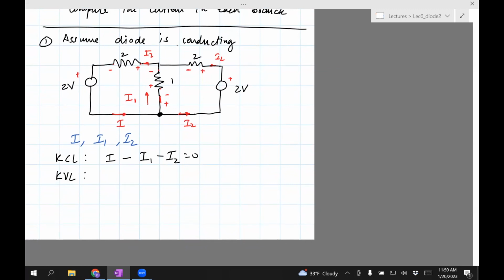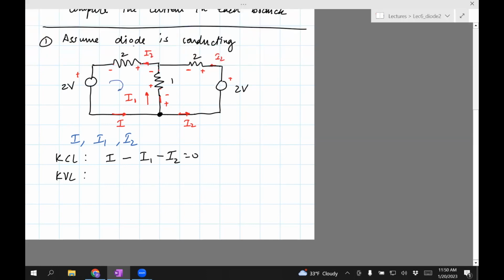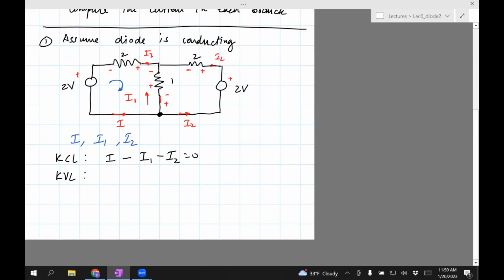Let's do KVL. We have now 3 options. We could do KVL for this branch, this loop, or the big loop. Let's start doing it for this loop first. So for that loop, there's 2 volts. Remember, this is positive, negative, and that is in the same direction as this positive, negative.